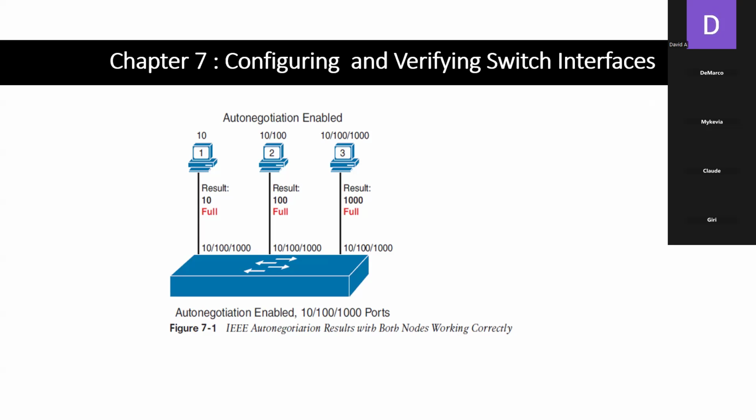After hearing from the link partner, each device chooses the fastest speed supported by both devices, and the best duplex, full being better than half duplex. And of course, the speed and duplex is assigned, agreed upon, and configured. Okay.